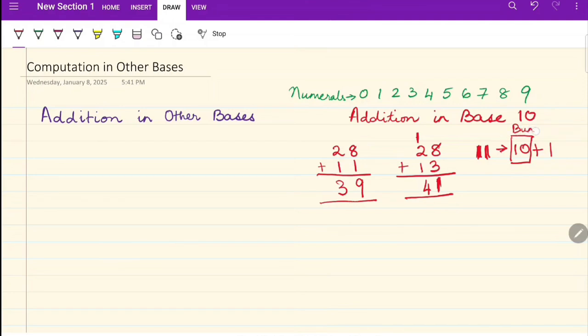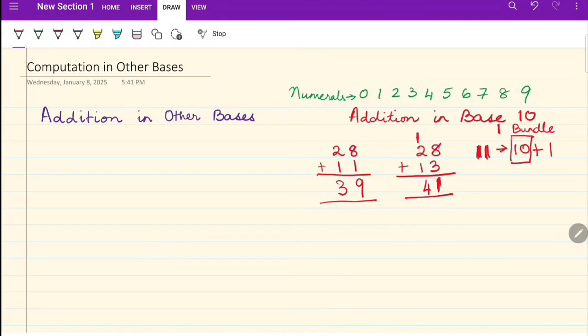All right, so think of it as a bundle. It's one bundle of 10 and a 1. And this 1 here is what we write in the units column. And what we are carrying over is one bundle of 10.